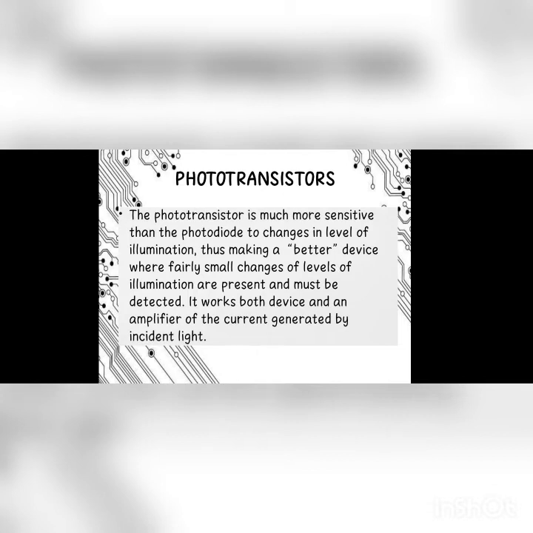Phototransistors. The phototransistor is much more sensitive than the photodiode to changes in level of illumination, thus making it a better device where fairly small changes of levels of illumination are present and must be detected. It works both as a photodiode and as an amplifier of the current generated by incident light.